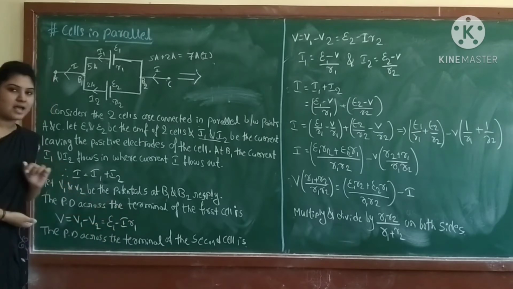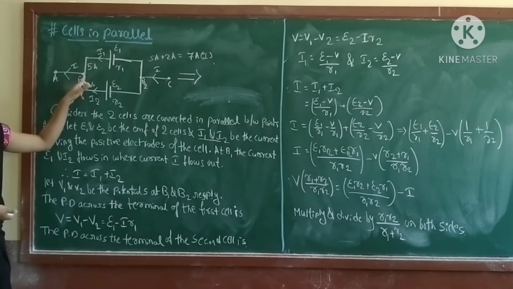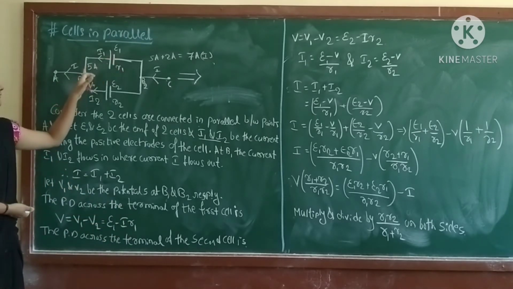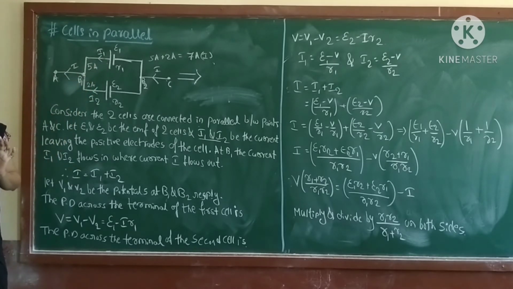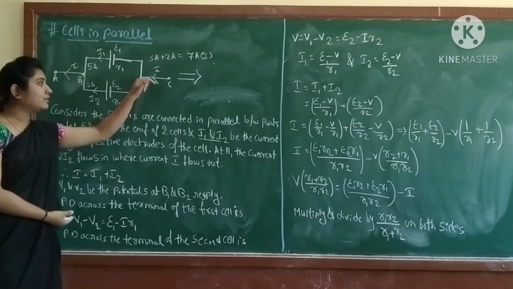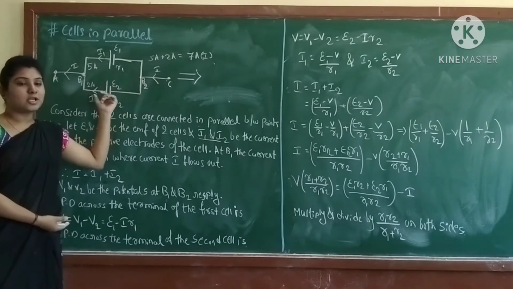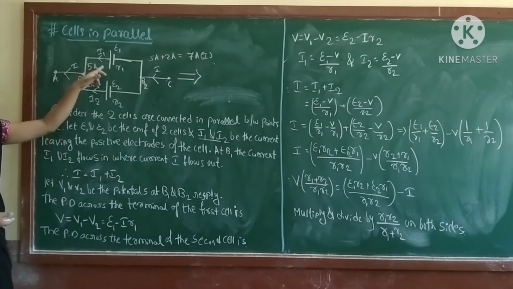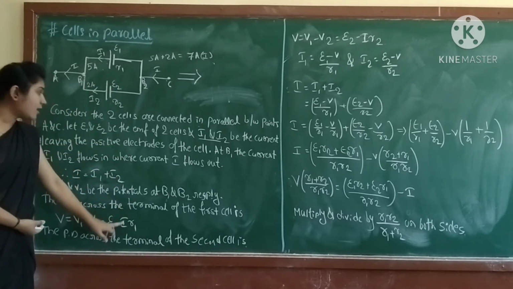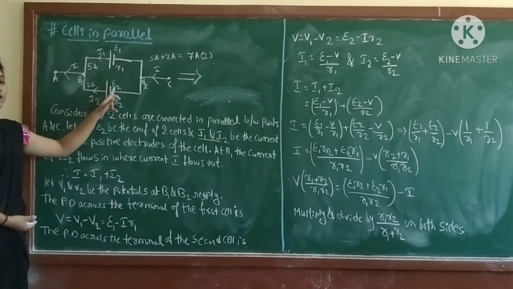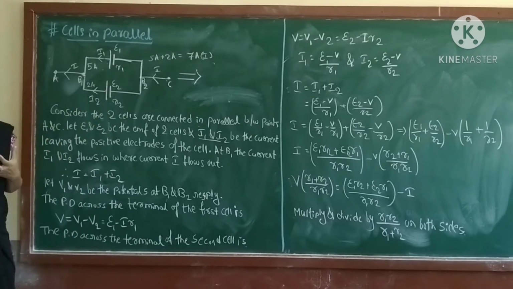E1 minus I1R1, that is, EMF1 minus current into the internal resistance of the first cell. Similarly, the potential difference at the point B2, through the second cell. This is the potential difference for the first cell, and now across the second cell, how much are we getting?